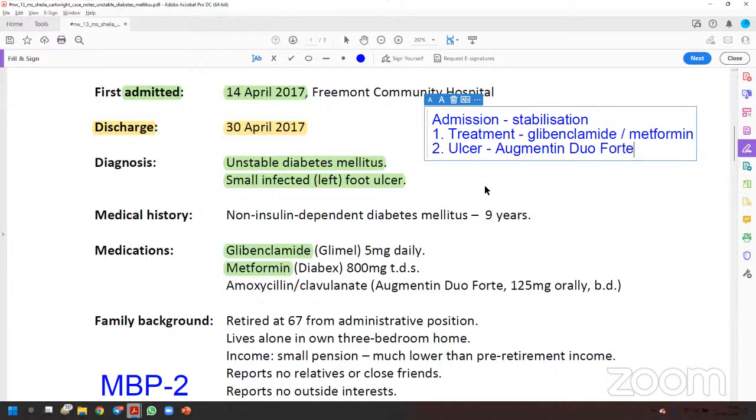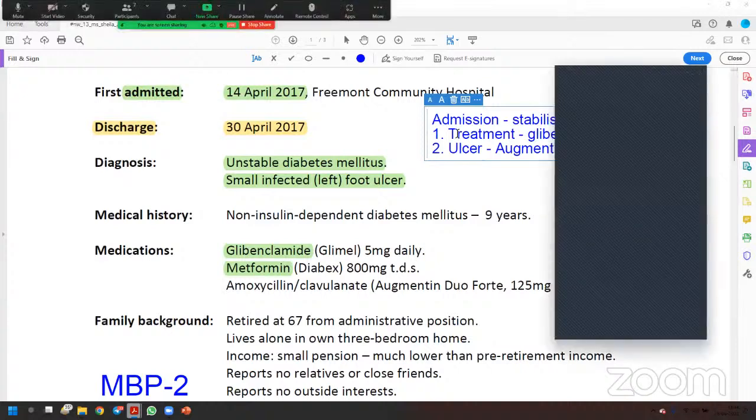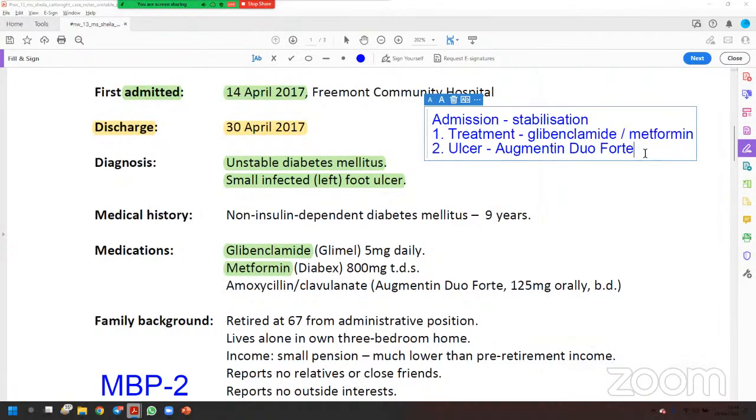You're taking Augmentin Duofort for this one. This you can write in the second sentence. Okay, 2 sentences. First, you talk about the main thing, that is unstable diabetes mellitus, and second one you can talk about ulcer, Augmentin Duofort. So these are the 2 sentences you can write.